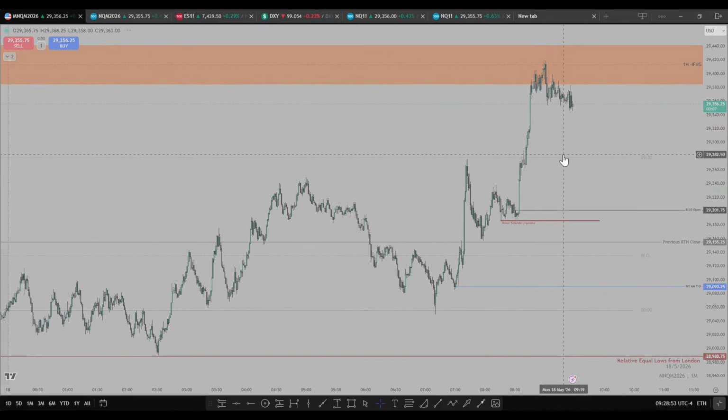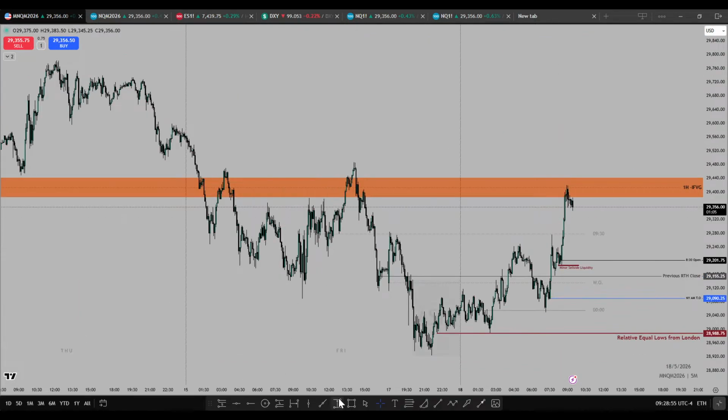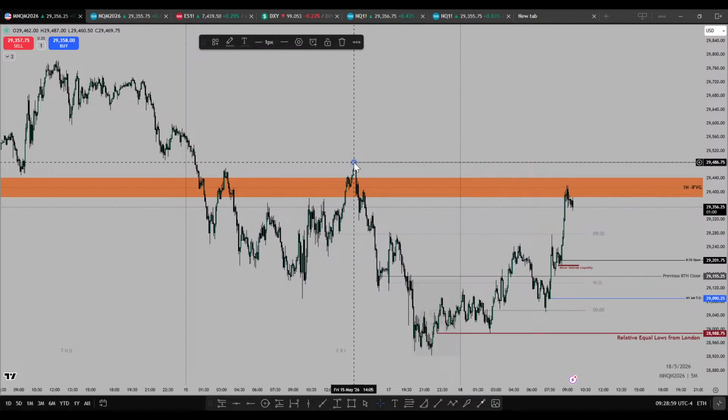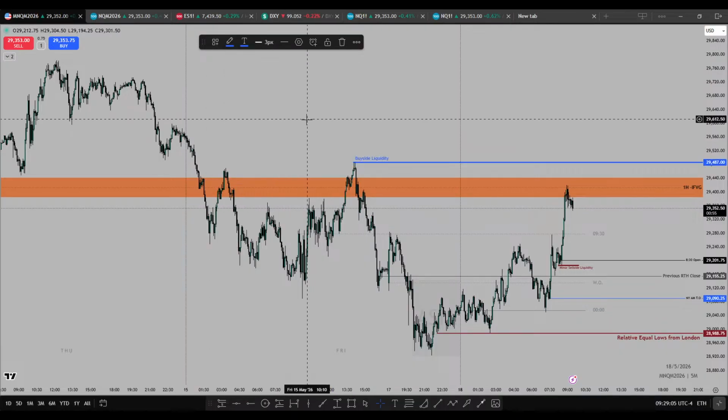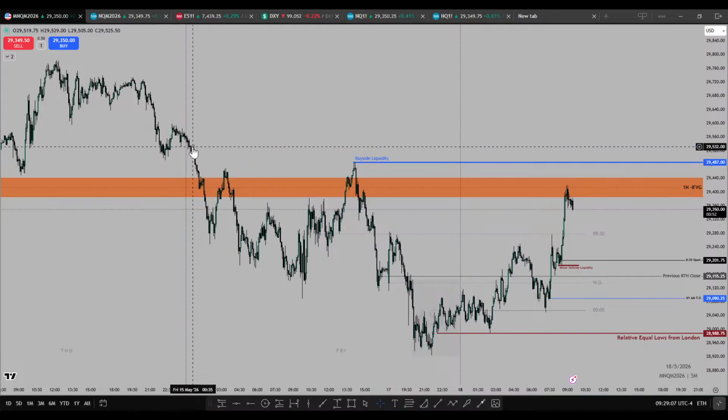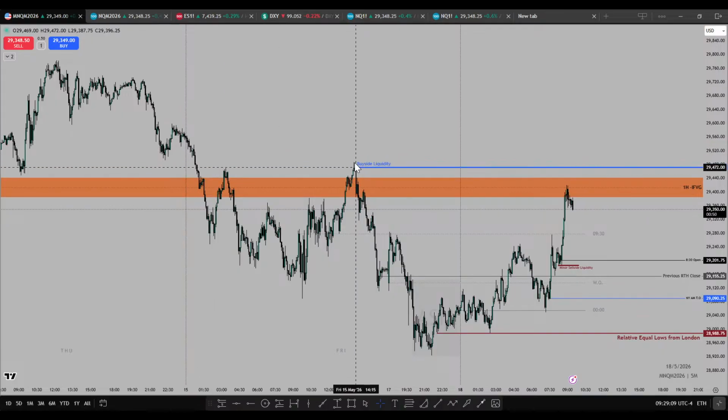And we have a pool of buy side here. Okay, we have a pool of buy side. That's our buy side liquidity. That's our Friday high as well. No, that's not Friday high, but Friday high is this. But this is our buy side liquidity.